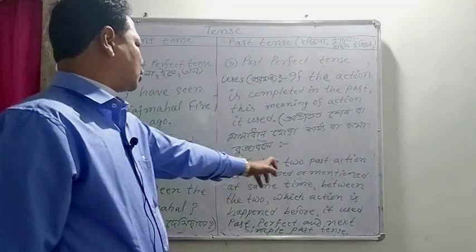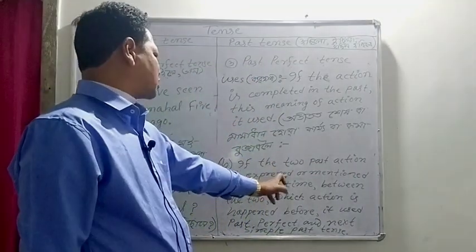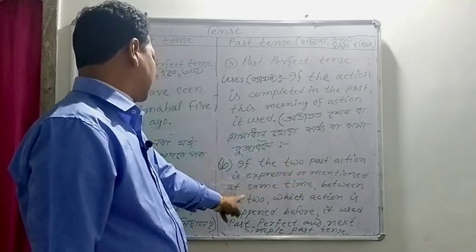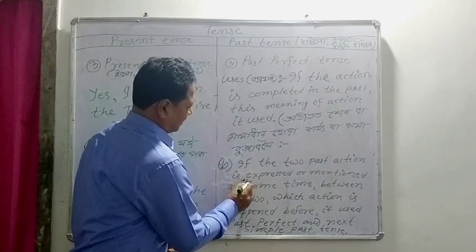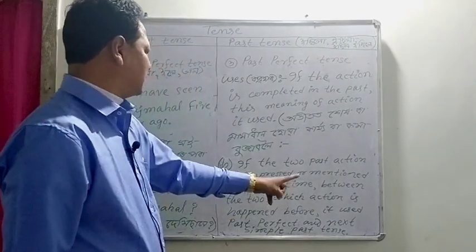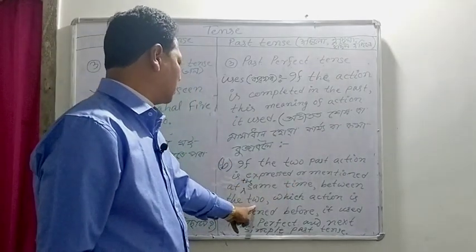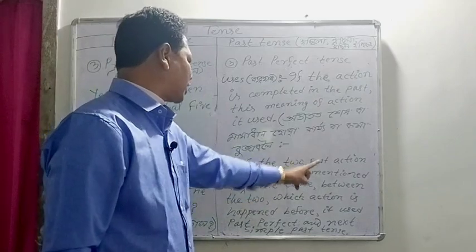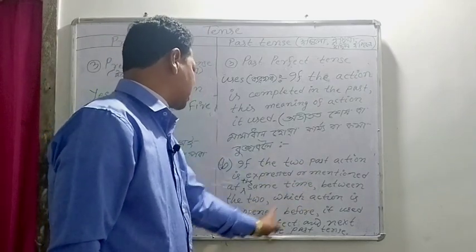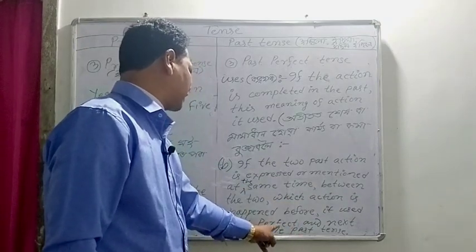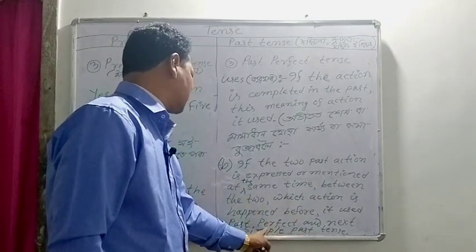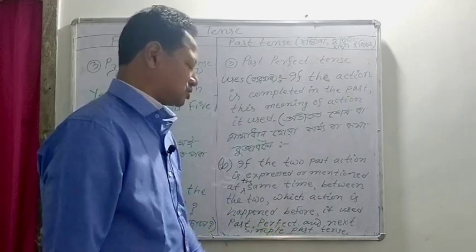Observe now, if two past actions are expressed or mentioned at the same time, between the two actions, the action which happened before uses past perfect, and the next one uses simple past tense.